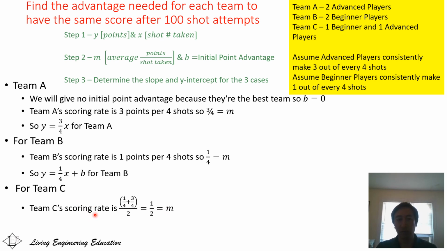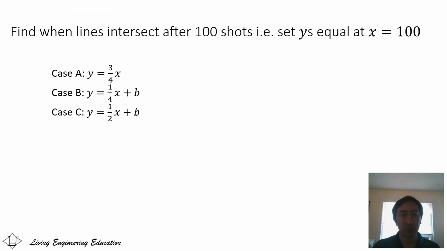And now for team C, we get y equals 1/2 x plus b as my linear equation. So now I have the 3 linear equations for teams A, B, and C. Now we have to figure out what the y-intercepts for team B and C should be for all 3 teams to have the same score after 100 shot attempts. Okay, so I have team A, team B, and team C's linear equations.